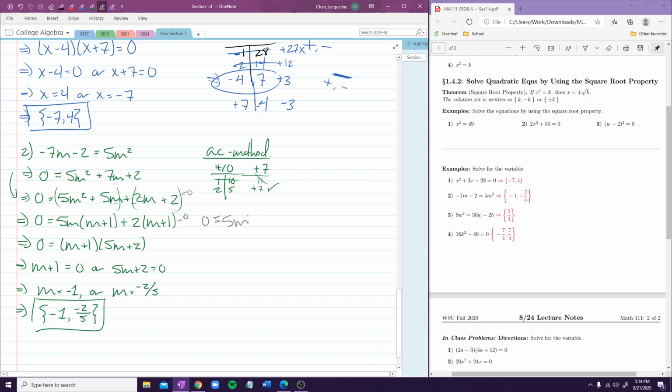So I have 5m squared plus 2m plus 5m plus 2. This is still doable, and it's still going to give you the same answer. But over here, if we still do the factor by grouping, we just have to be a little more careful. 5m squared plus 2m, what's in common?